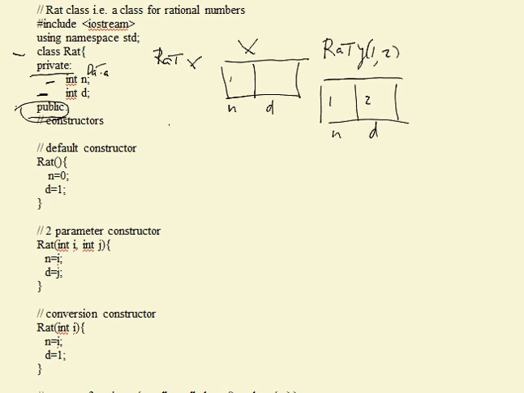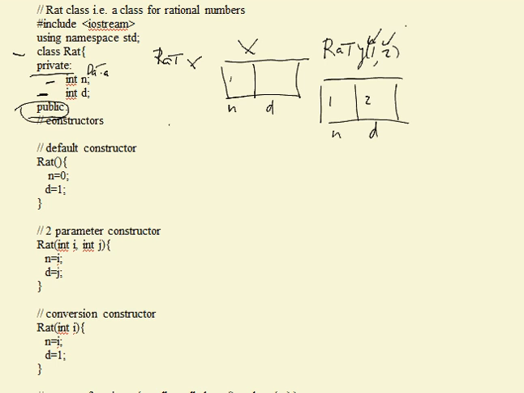So a constructor is basically a function, and the constructor that's going to be called over here is this two-parameter constructor. Why is that? Because this two-parameter constructor takes two parameters, one an integer and another integer. And here, that's what I have. The first argument is going to be 1, and the second one is going to be 2.